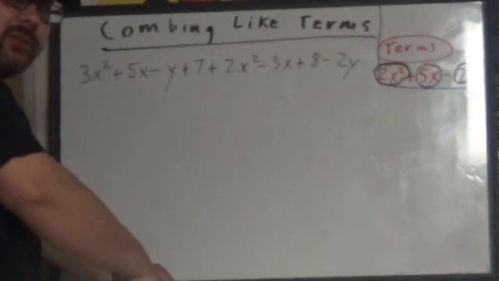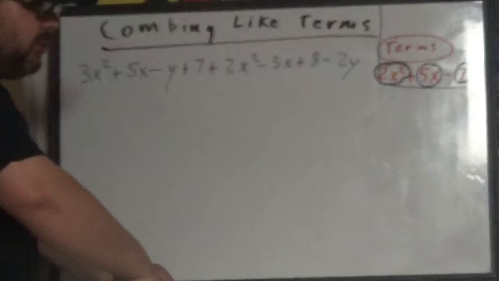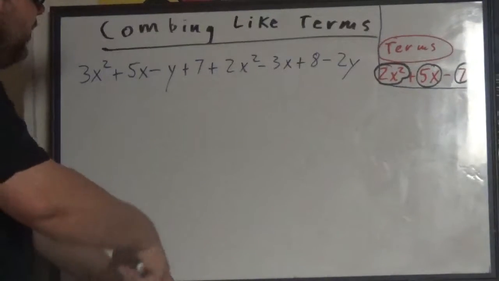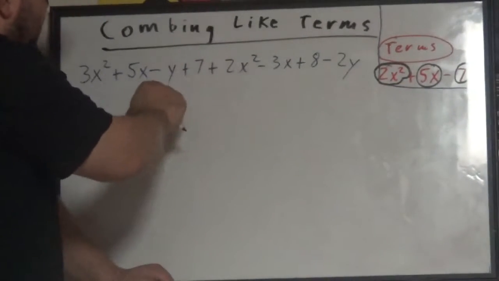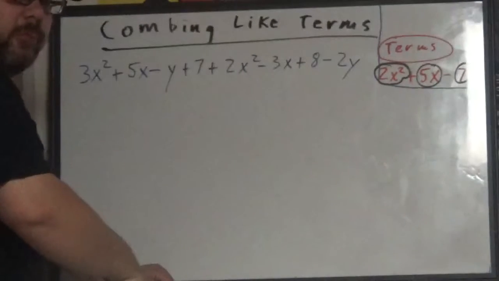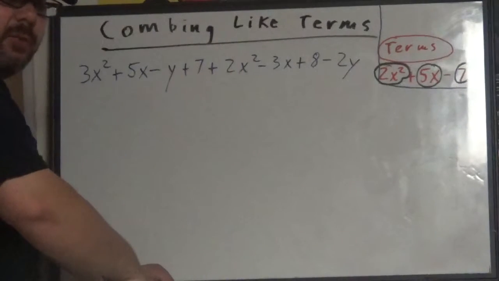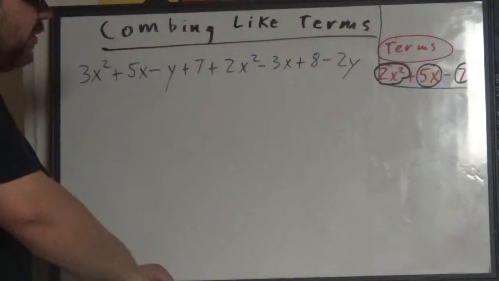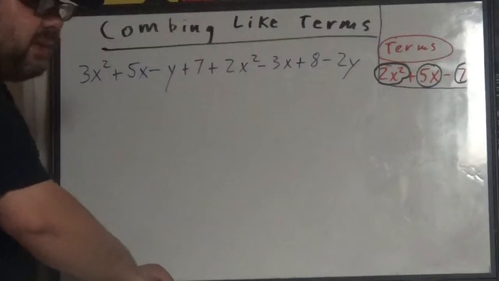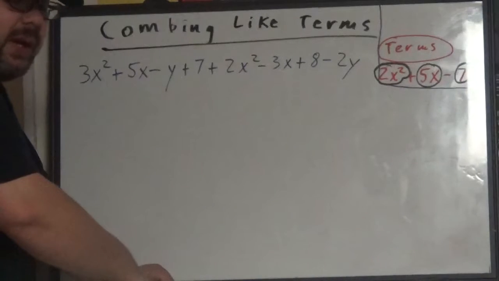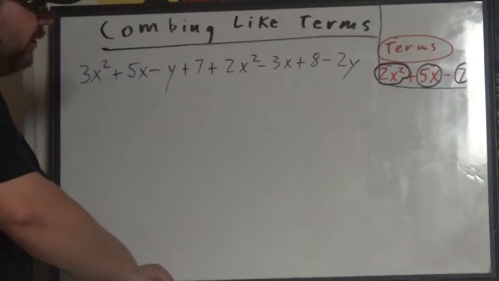If we had another regular number, another constant, like say 8, we could add that. We could combine two constants. So we can also combine anything that has both the same variable and the same exponent.